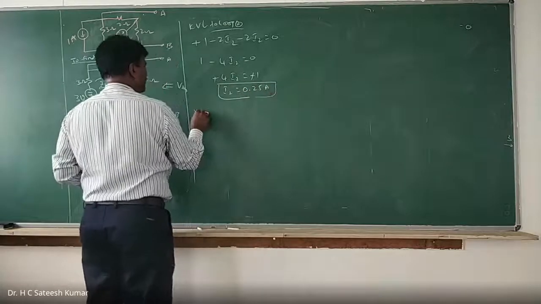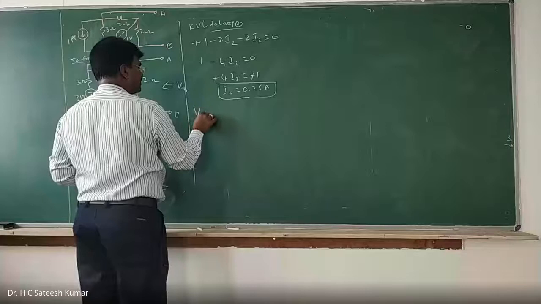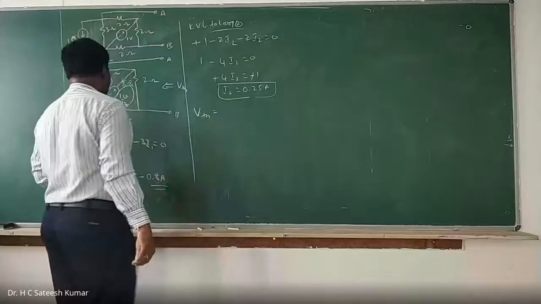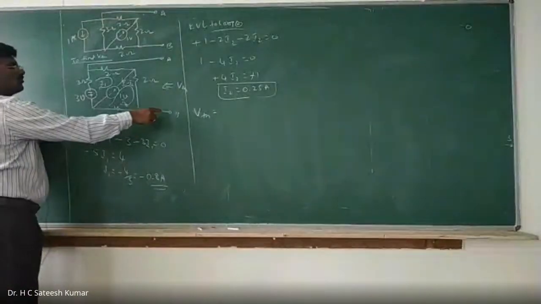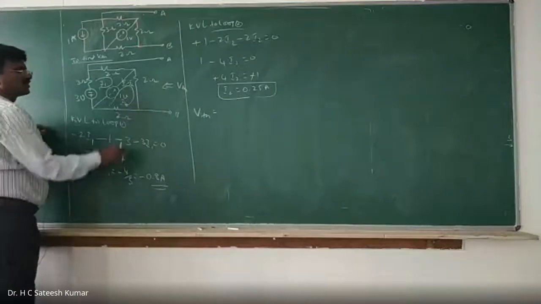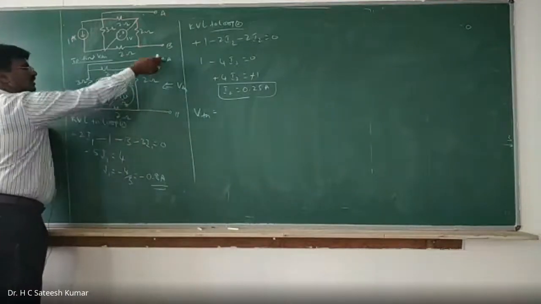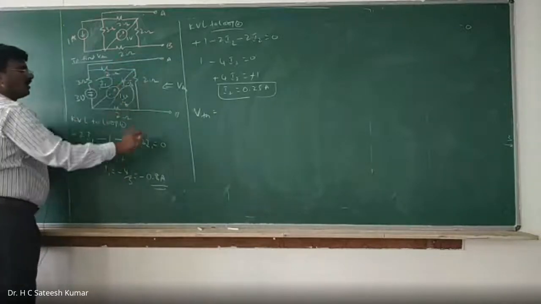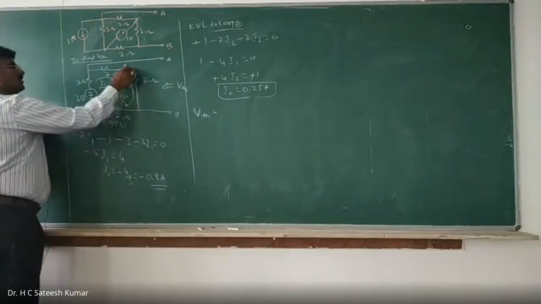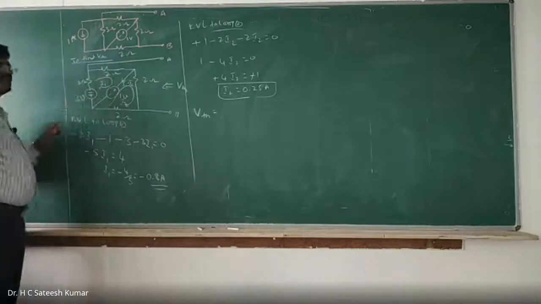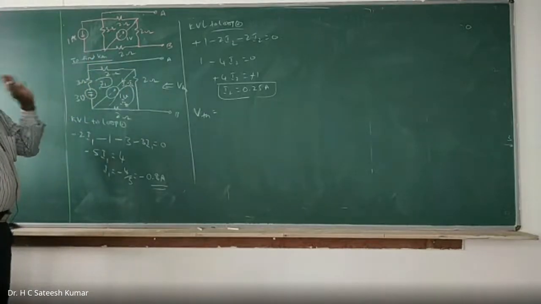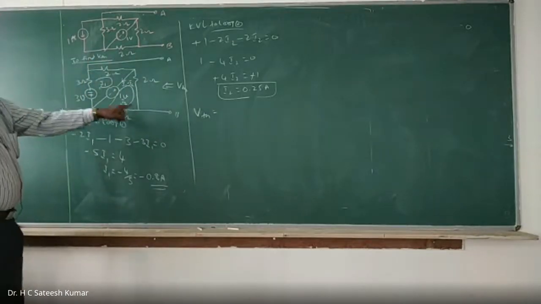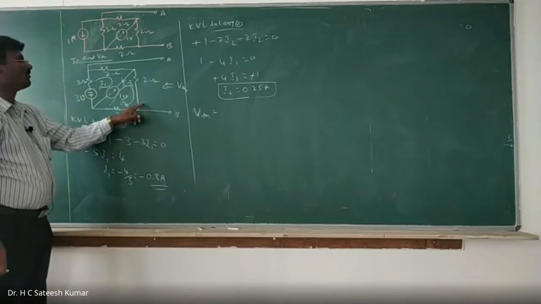Now, to find VTH, how will you find out VTH? VTH means we have to go from here to here. You can go this way, or that way, or this way. Any path you go, you will get the same answer. Now I'll take the easiest path. I'll go from here to here, you'll get the same answer, right?